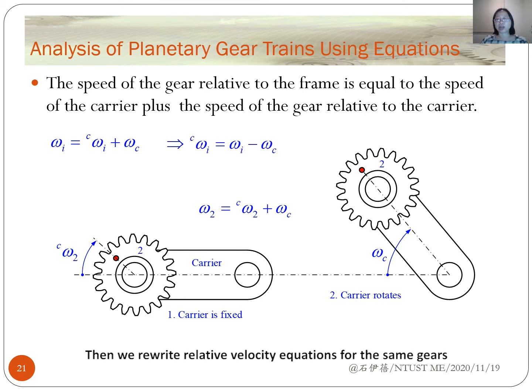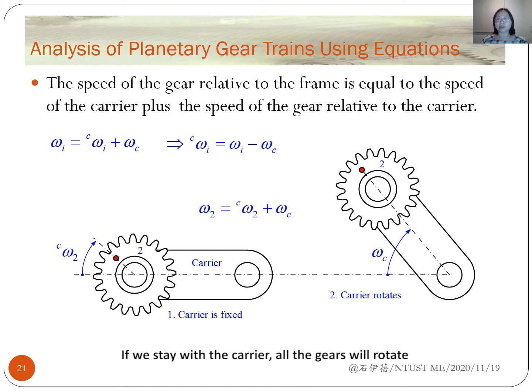Then we rewrite relative velocity equations for the same gears but relative to the carrier like this. If the angular velocities of two of the shafts are given, the procedure will always yield enough equations to solve for the angular velocity of all of the members in the gear system.